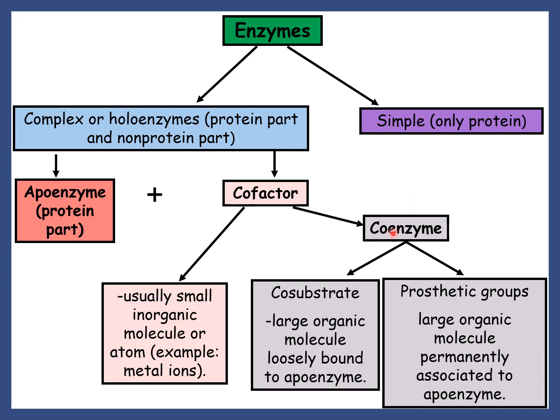The coenzymes are the cofactors which are organic in nature, and they themselves have two categories. One is the prosthetic group. The prosthetic group involves organic cofactors which remain permanently attached to the enzyme even when the reaction is completed.